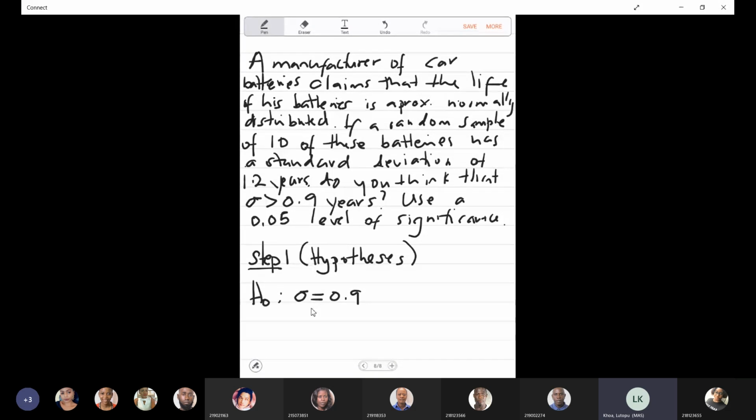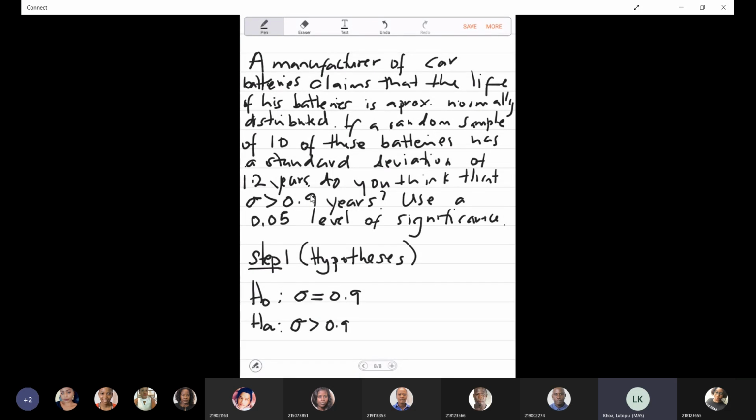And notice here we're working with sigma and not sigma squared. Then our alternative is whatever we're asked to check. Here we're asked to check if sigma is greater than, so we have an upper-tailed test. So the alternative hypothesis is sigma is greater than 0.9.